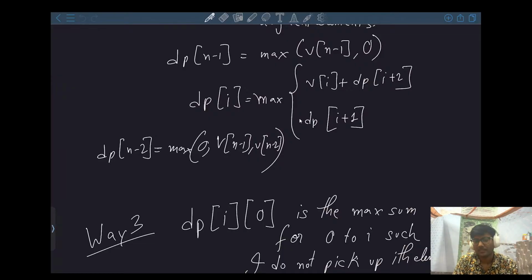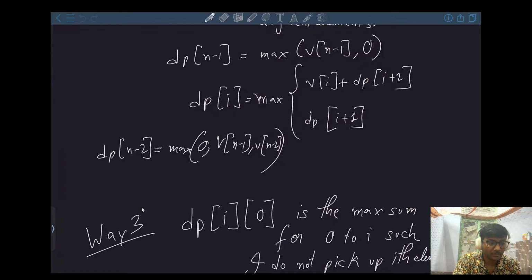Kind of like the house robber situation, if you know from previous sessions. We discussed how to define states and, based on the definition of states, how to define transitions.